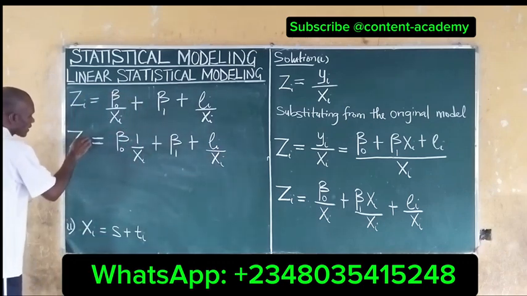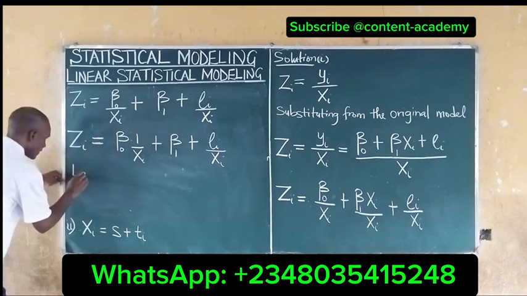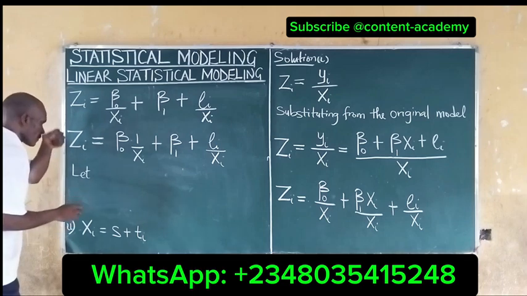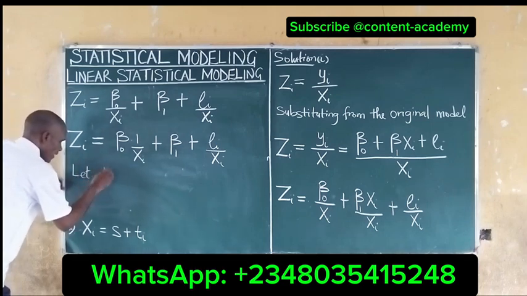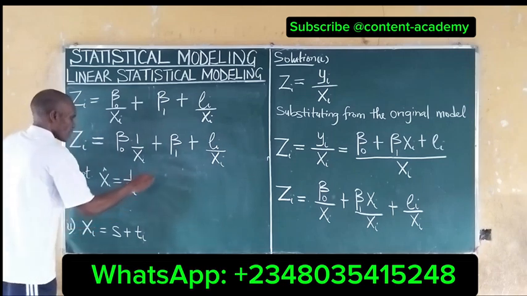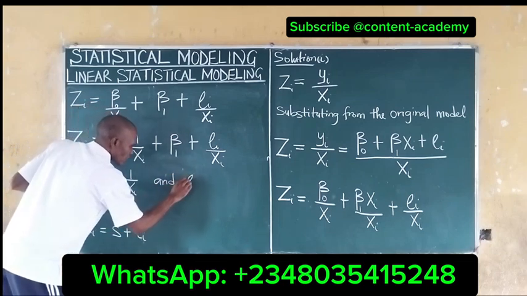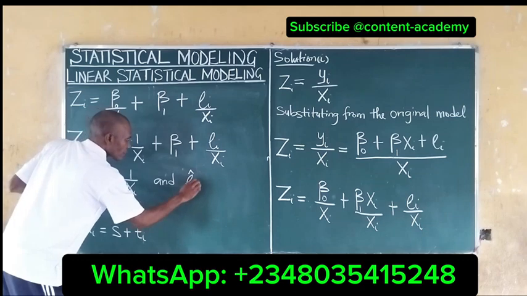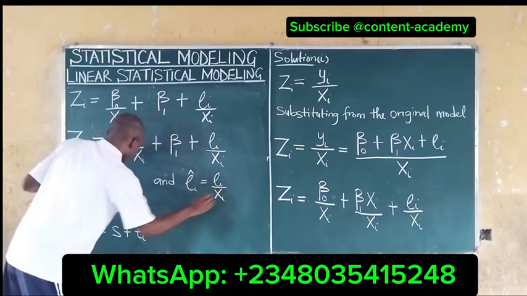The same thing is our z_i. Now, we can say let x estimate be equal to 1 all over x_i and e estimate to be equal to e_i all over x_i.